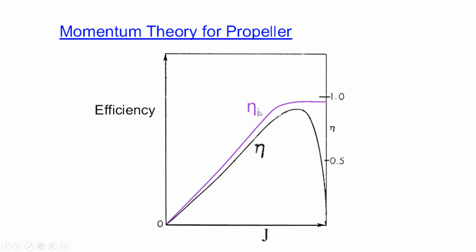So this is the induced efficiency, or the efficiency obtained from your momentum theory, how it is varying and how the actual efficiency varies. So if you can see, this gap is not that big. Okay, so just to give a basic idea, if you had a diameter of so much for a propeller, how much it would give, or what is the velocity ranges you can work. So to get a basic idea, you can use that.